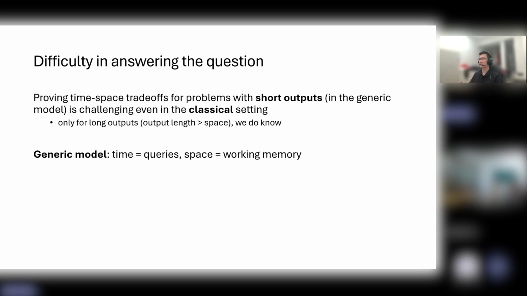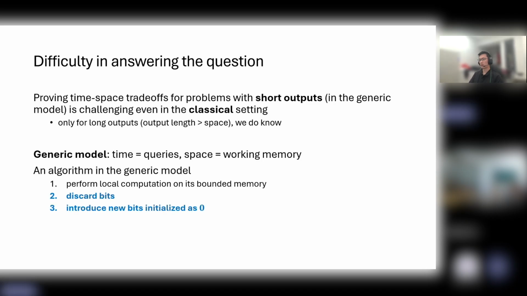And we also have an internal working space that is smaller than the output. For this type of oracle search problem, the generic model is that time complexity is the number of queries, and for space we only count the working memory. What an algorithm can do in this model is perform local computation on a bounded memory.